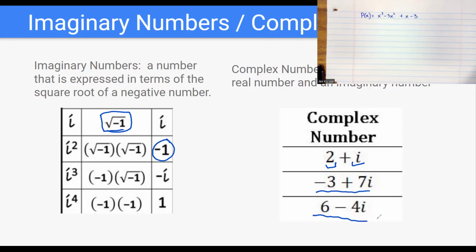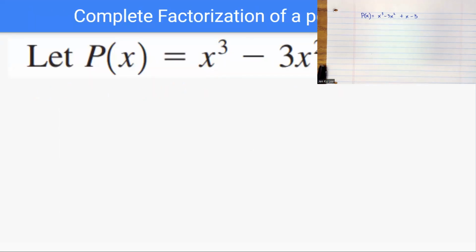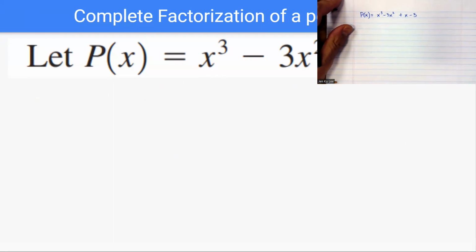And 6 minus 4i is also a complex number. All right? So just know that, and you guys will be good. Now, what we're going to do is completely factor everything out first and get the zeros of multiple examples.